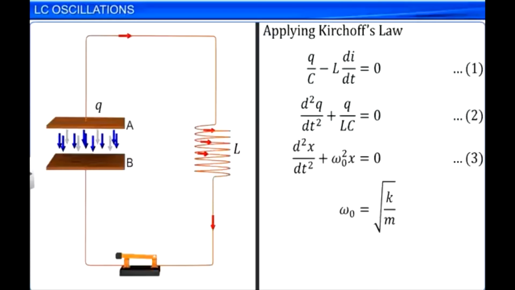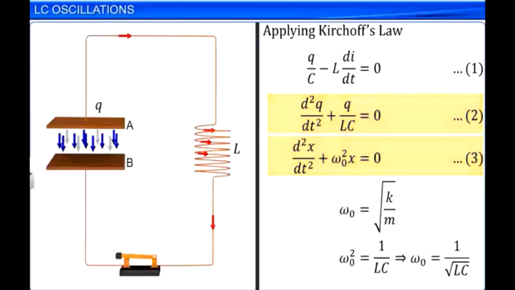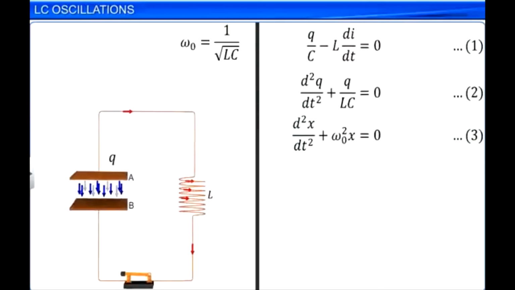Equation 2 is observed to be similar to equation 3. Comparing equations 2 and 3, we have the natural frequency omega naught of LC oscillations in the circuit equal to 1 by square root of LC. We know that in equation 3, the displacement x is expressed as A cos omega naught t plus phi, where phi is the phase difference and A is the amplitude of oscillations.